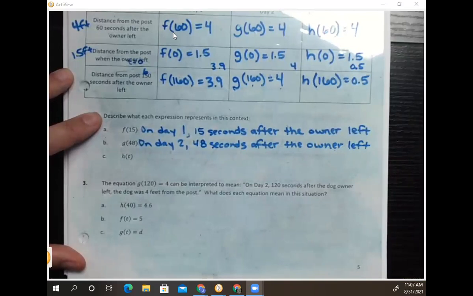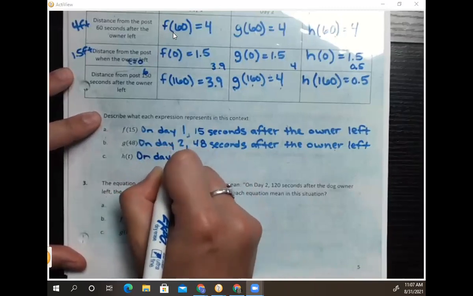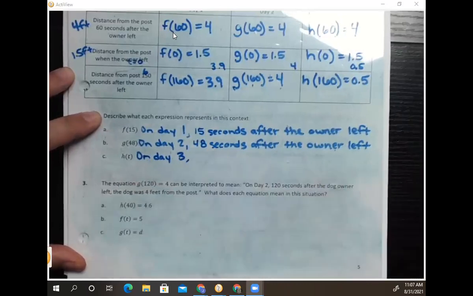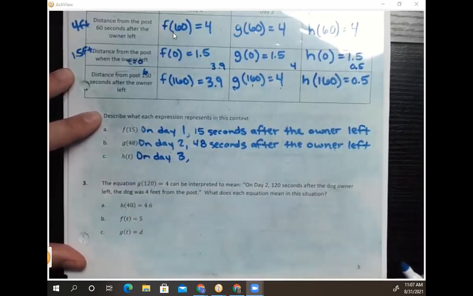For part C, I've got h of t. What does the h tell me? Day 3. On day 3, and then they didn't give me a number here. They just gave me t. I know that t is a time. They just haven't given me a specific time. So I'm going to say t seconds.